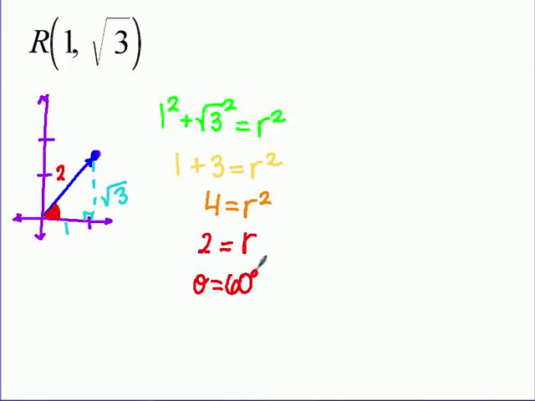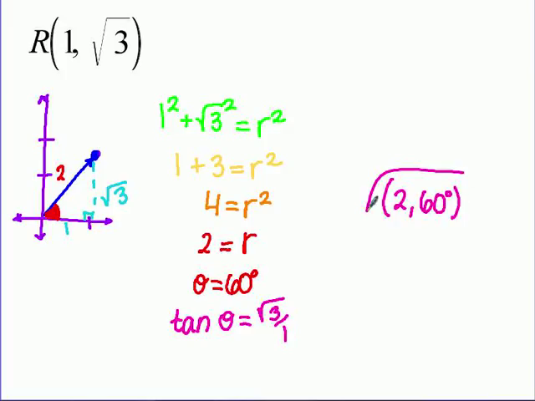If you didn't recognize it, that's fine because you can go through your triangle here. So remember, I could go tangent of theta equals root 3 over 1. And when you do that, you'll get 60 as well. So your answer is actually 2 and then 60 degrees. Okay? So it should be pretty straightforward.